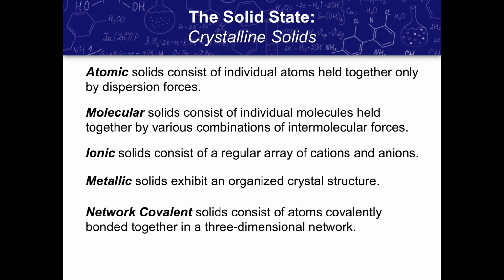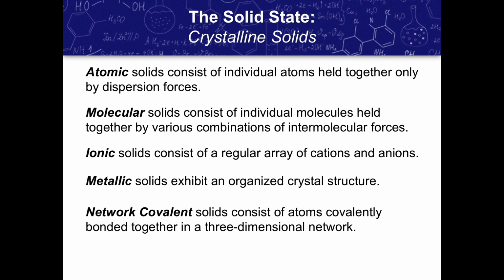We have the atomic solids, which are composed of individual atoms held together only by dispersion forces. We have the molecular solids, which are composed of individual molecules held together by various combinations of intermolecular forces.